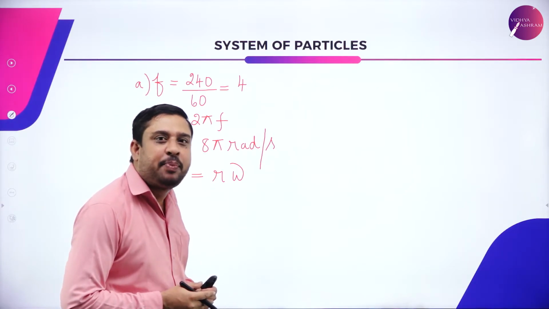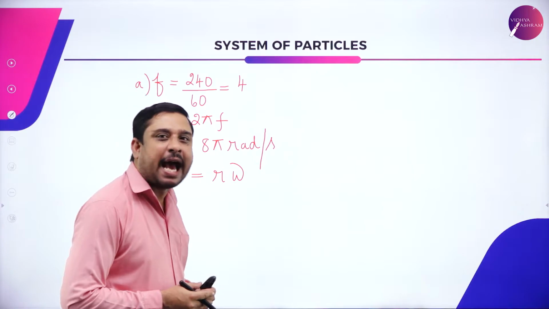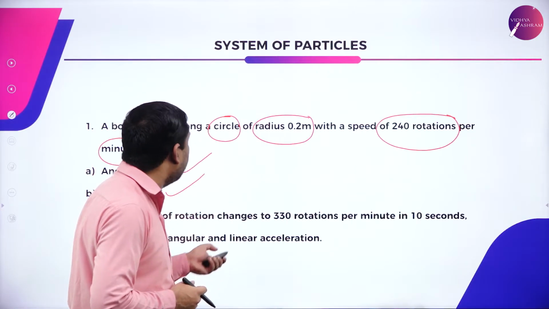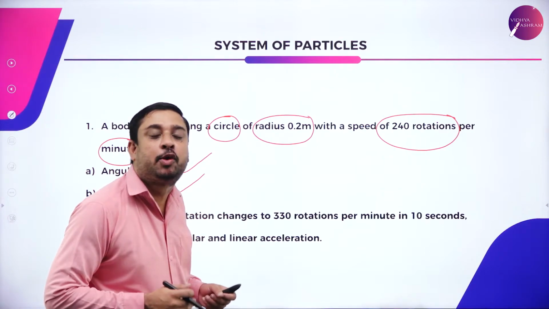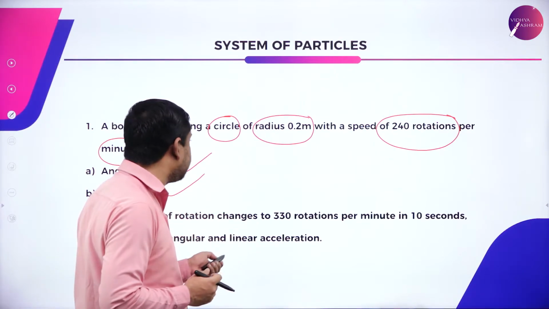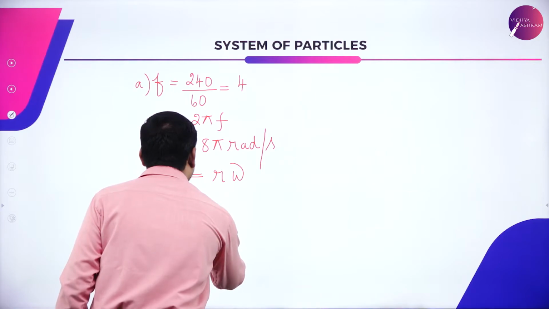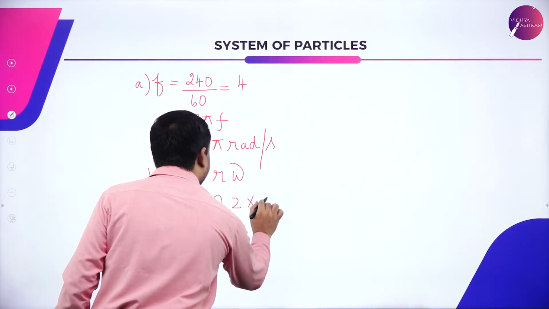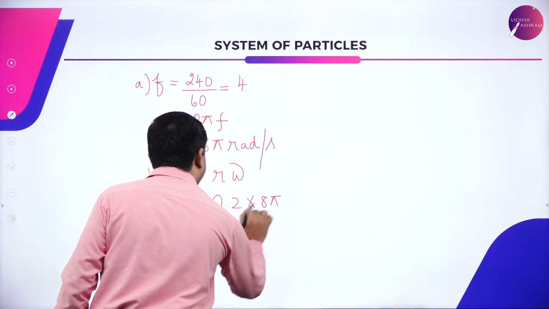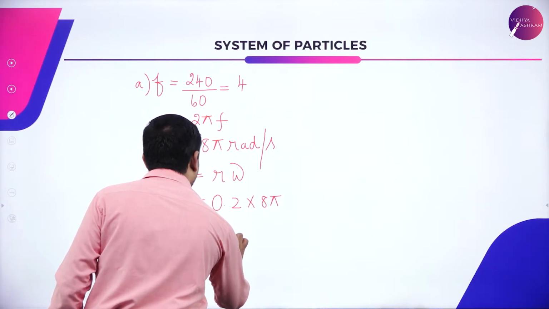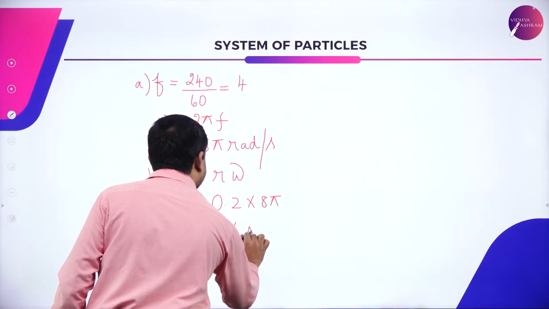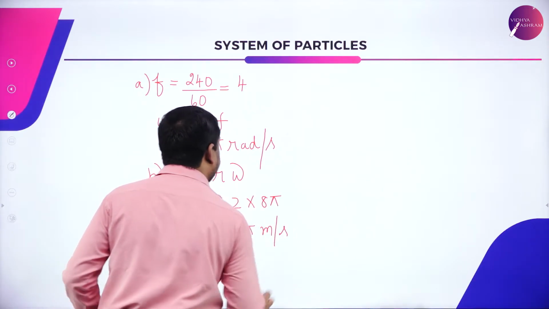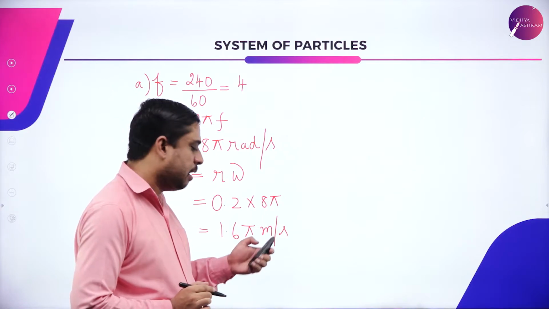The linear speed is always calculated as r times omega. r is 0.2 meter radius. So this is 0.2 into 8 pi, which is 1.6 pi meter per second.